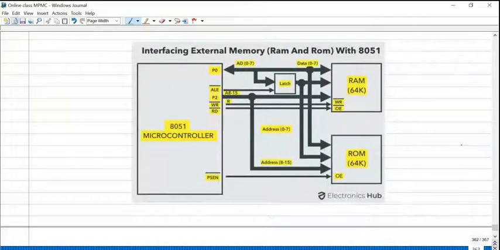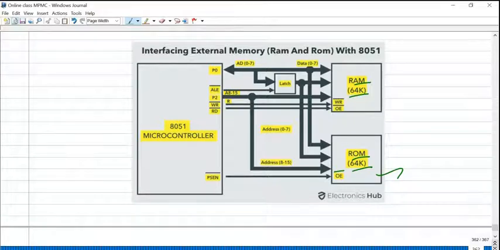Suppose we want to interface 64 kilobyte of RAM as well as 64 kilobyte of ROM. So what should be the connection? Interface diagram. I told you ROM, program store enable, should be connected with OE bar. OE stands for output enable, to activate this chip for reading the data. Output enable, PSEN.